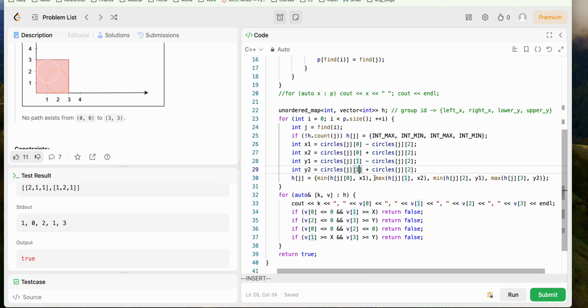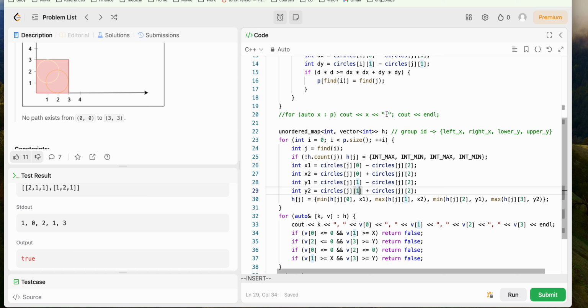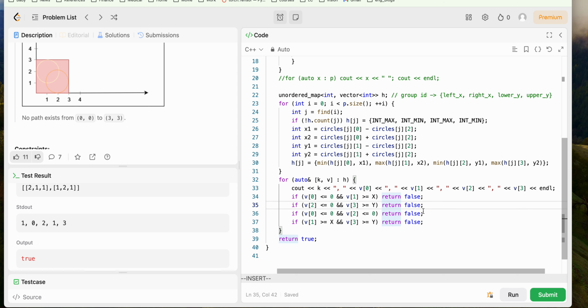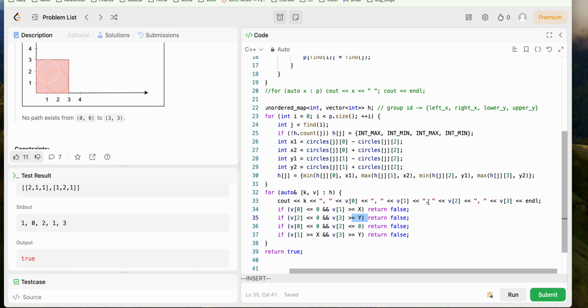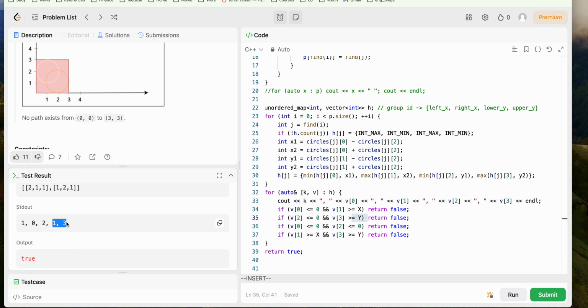These are not the most left positions, right? Let's see, this is Y. 1 and 3, 0 and 2.